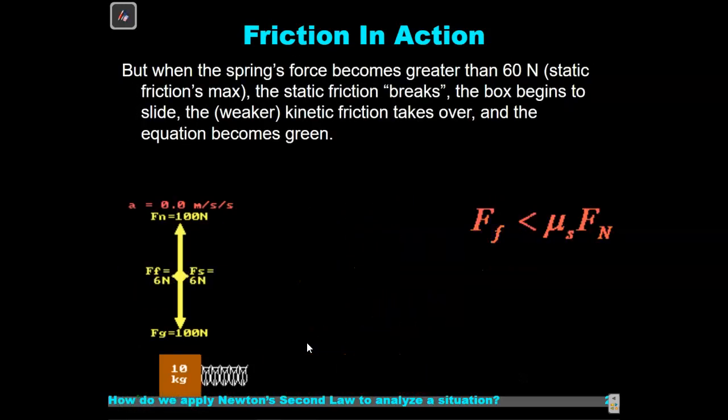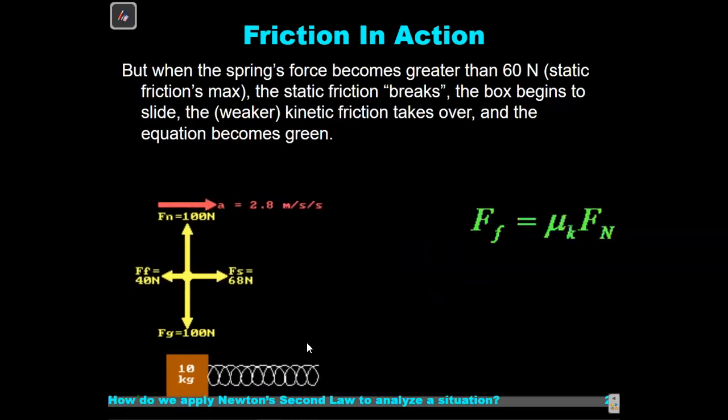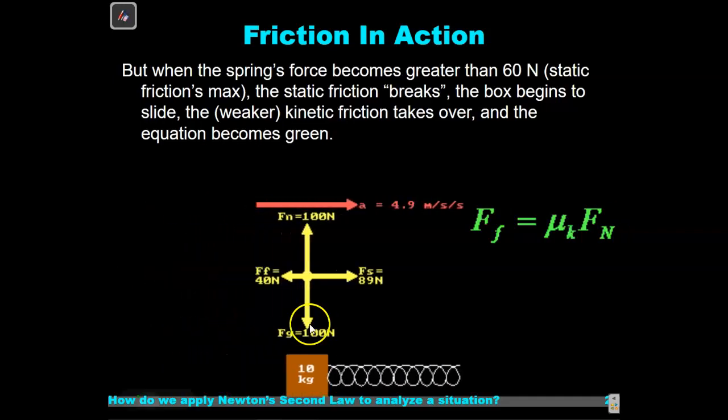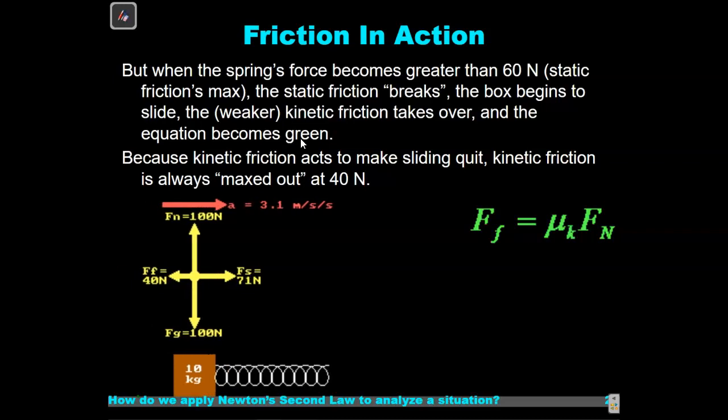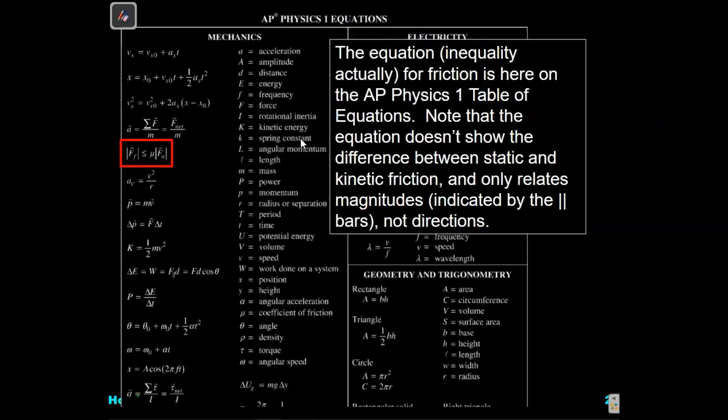But when the spring force becomes greater than 60 newtons, or the static friction's maximum, static friction breaks, the box begins to slide, and the weaker kinetic friction takes over, and the equation becomes green. Because kinetic friction acts to make sliding quit, kinetic friction is always maxed out at 40 newtons.